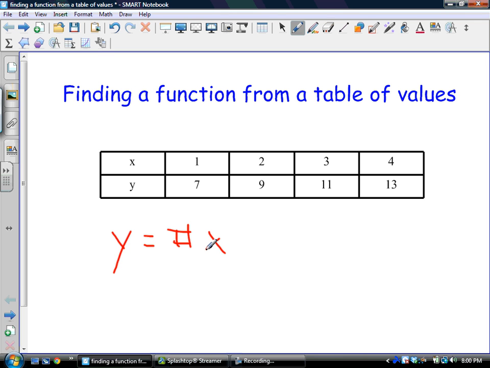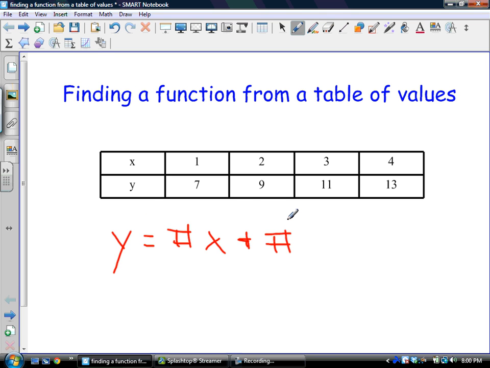Other times it was a different number, plus or minus a different number. These two numbers were always given to us. So what we're trying to do now is, from this table of values, figure out what these are.